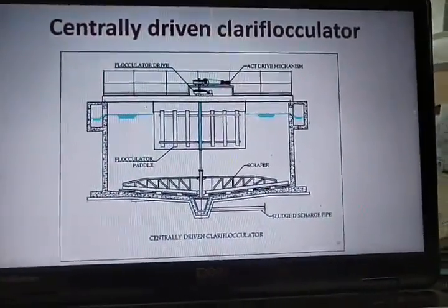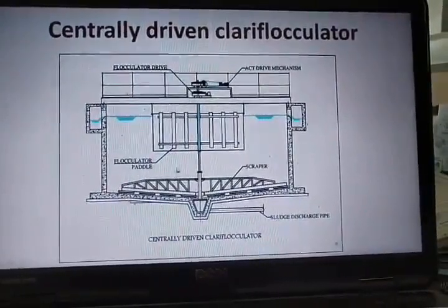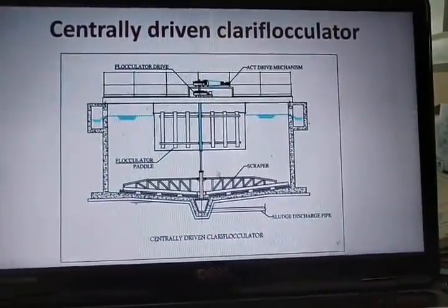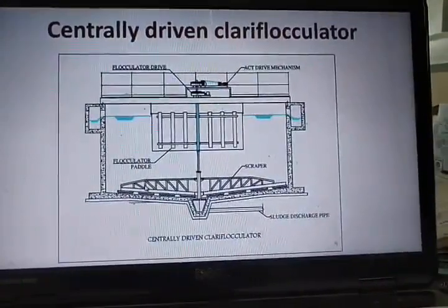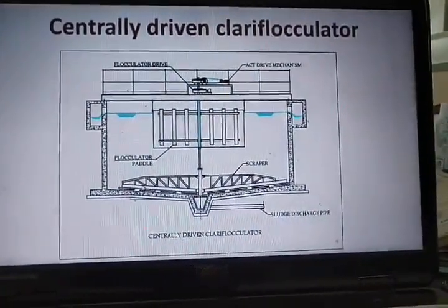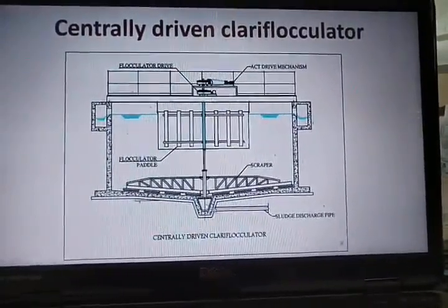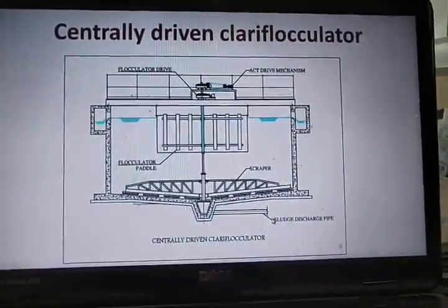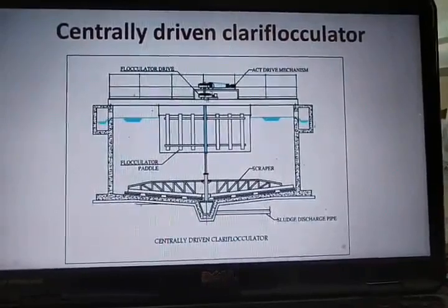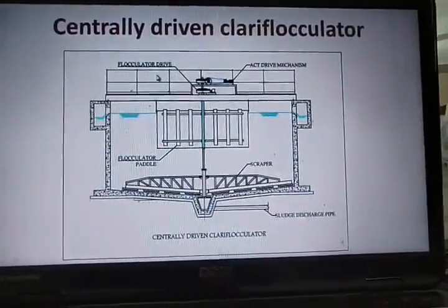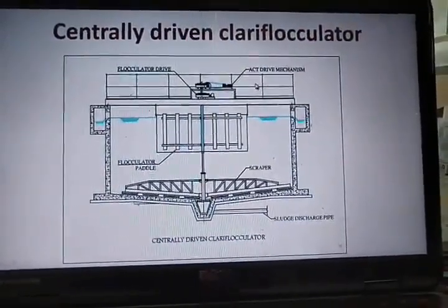These are the scraper blades which rotate slowly at some RPM, so that the settled sludge can be collected and directed to the sludge pit, and extracted for further processes.